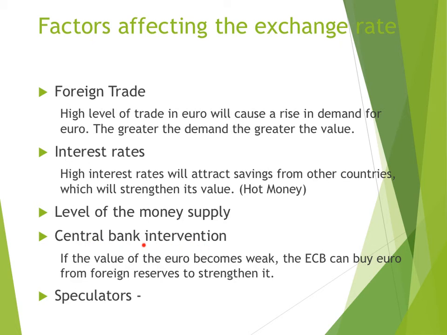Also, we see the central bank will intervene in the exchange rate. So if the value of the euro becomes weak, the ECB can buy euro from foreign reserves to strengthen it again. So by buying euro from foreign reserves, you basically buy up the euro currency and make it rare again, so that when something is scarce in supply, that will obviously inflate the price of it.